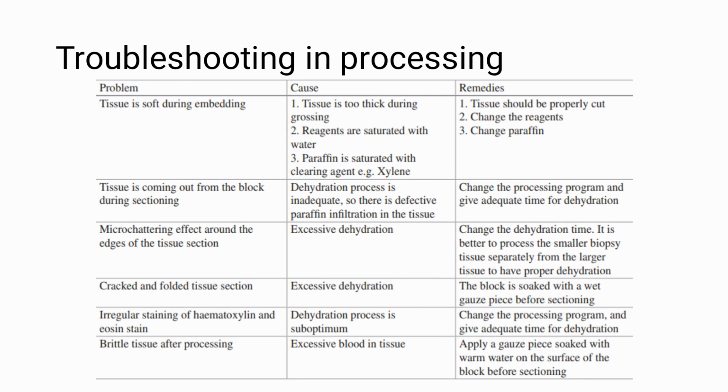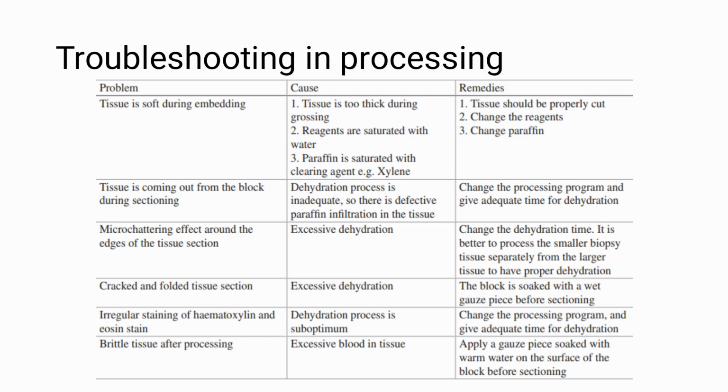The different problems that come up in tissue processing are softening of the tissue, the tissue coming out of the block during sectioning, micro chattering effects around the edges of the tissue sections, cracked and folded tissue sections, irregular staining of H&E, and brittle tissue after processing.